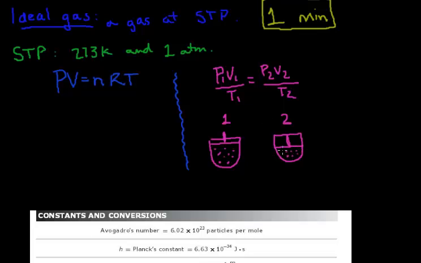And so the idea that we talked about there was if you knew all of these starting conditions, the pressure, the temperature, but not the volume, you could calculate it using this equation. And so this equation was always used when there was a change, some sort of change to the system.